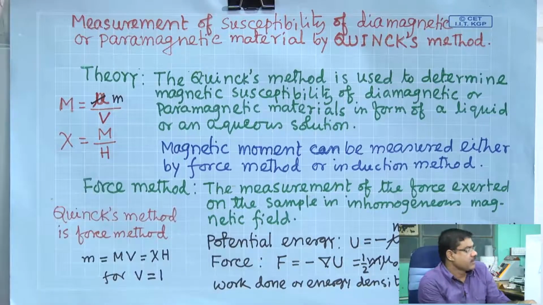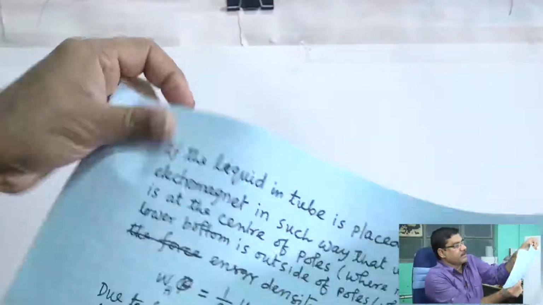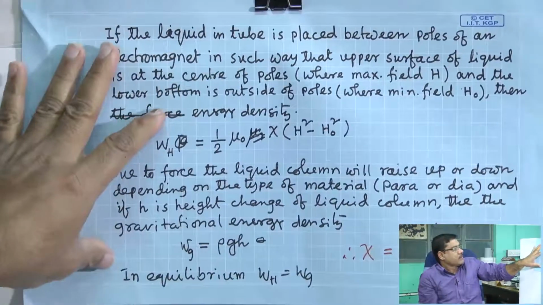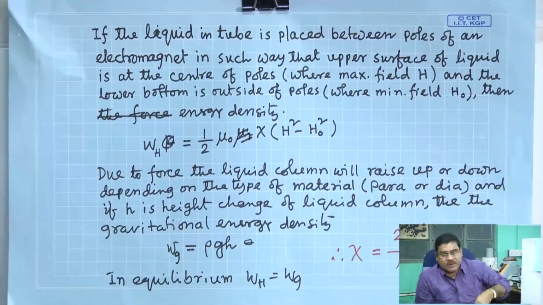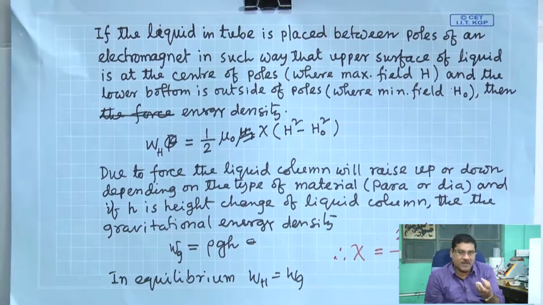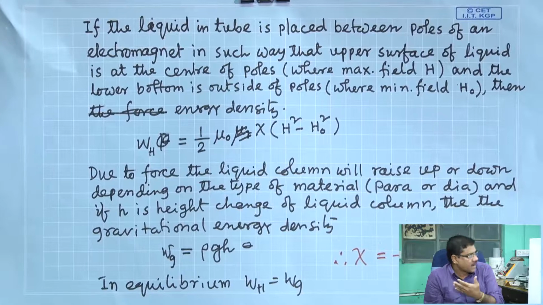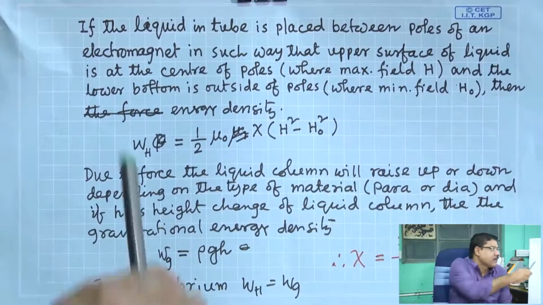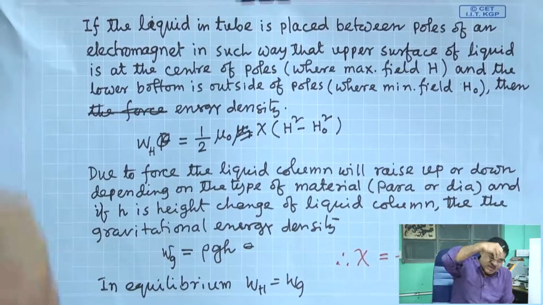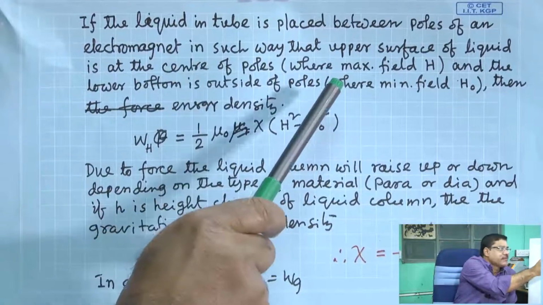Now, if I take a liquid or solution of a magnetic material, either paramagnetic or diamagnetic material, and put this solution in a tube, this tube is placed between the pole pieces of an electromagnet for the magnetic field.